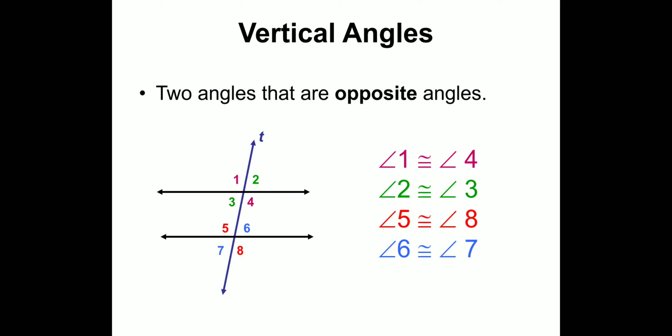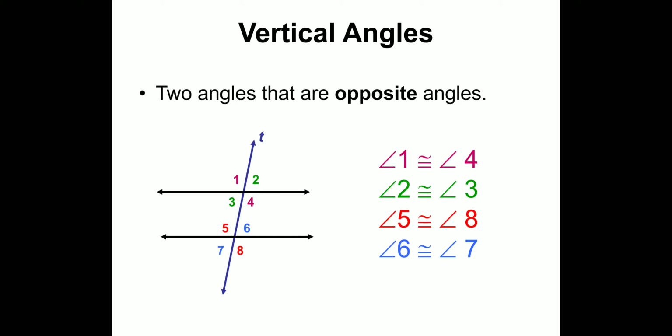Now let us see the vertical angles in the transversal. They are two angles that are opposite angles. It is very easy. When we see that 1 and 4 are opposite, then 2 and 3 are opposite, 5 and 8 are opposite, and 7 and 6 are opposite. So we can say that 1 is congruent to 4.